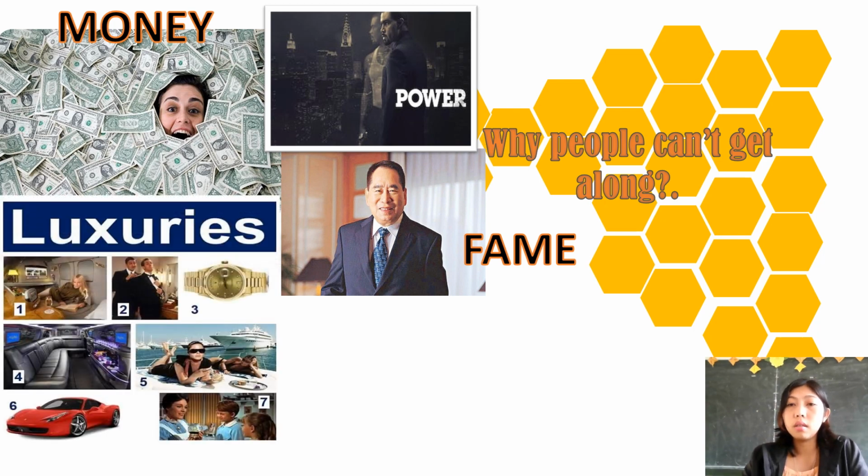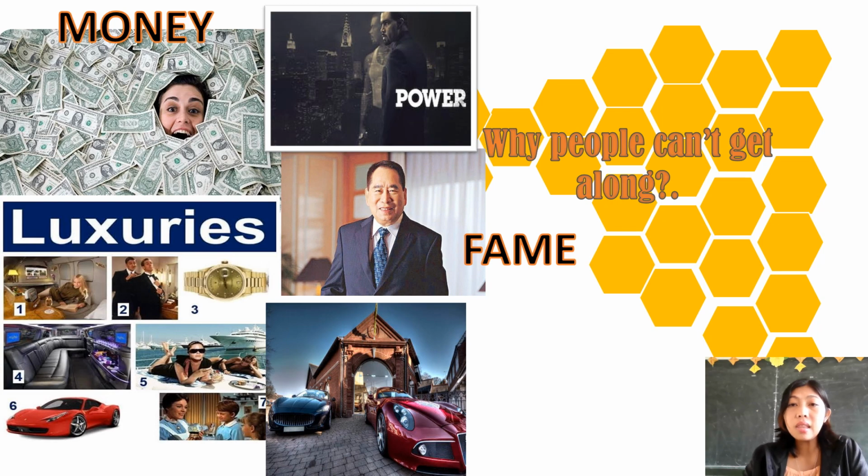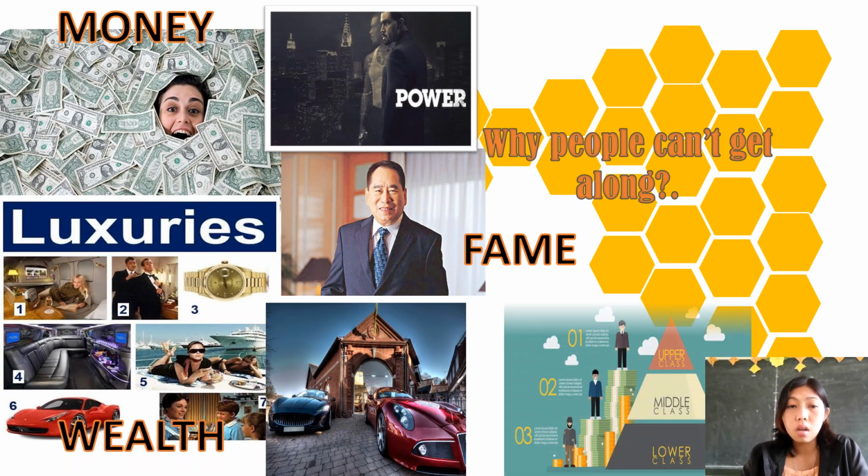Fourth one, people can get along because of luxuries. Minsan sa atin na meron tayong makasariling pag-uugali. It's because of our luxuries, of our wealth that we have. We can get along, or we'll have conflict with each other because of these ones.